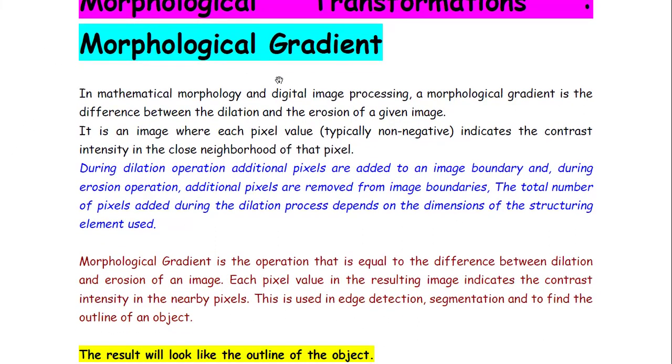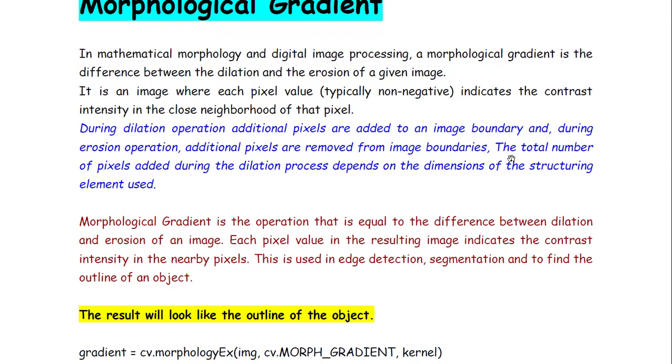In mathematical morphology and digital image processing, a morphological gradient is the difference between the dilation and the erosion of a given image. If you have attended the last lectures, you know what dilation and erosion are. Please go through them if you have not already attended those lectures. I'll also give you the links below. So you got it that morphological gradient is the difference between dilation and erosion.